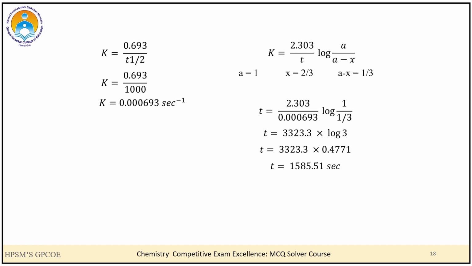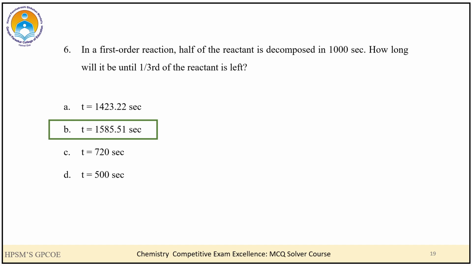Next, to find out the T value, we will use the formula for the first order rate constant, that is K is equal to 2.303 divided by T log of A upon A minus X. A is equal to 1, X is equal to 2 by 3, A minus X is equal to 1 by 3. Substituting these values, we get the value of T to be 1585.51 seconds. That is option number B.